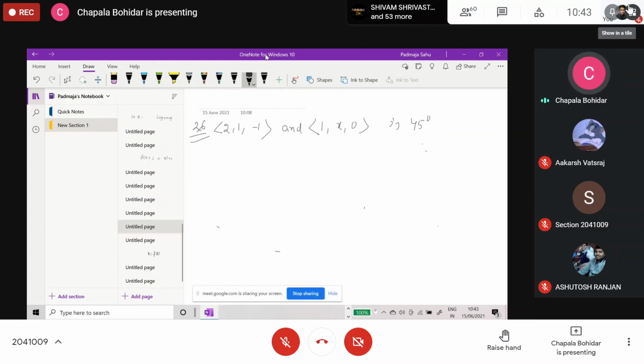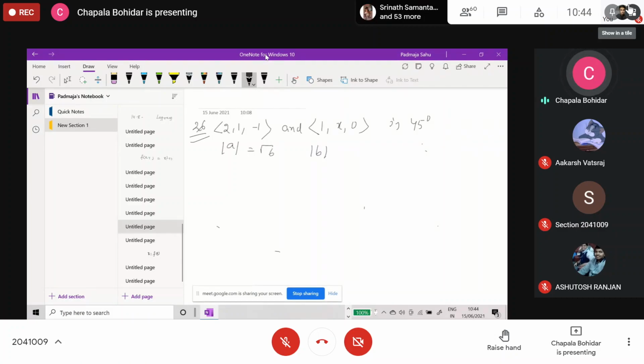So all of you know how to solve this problem? First one consider as the vector A, second one consider as the vector B. Cos theta is equal to A dot B divided by absolute value of A times absolute value of B. The absolute value of A is root 6.